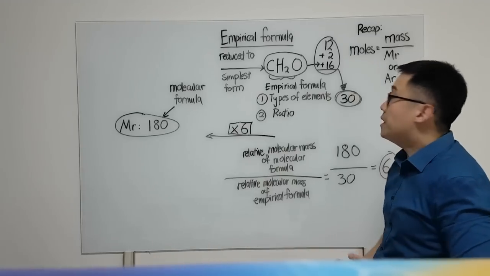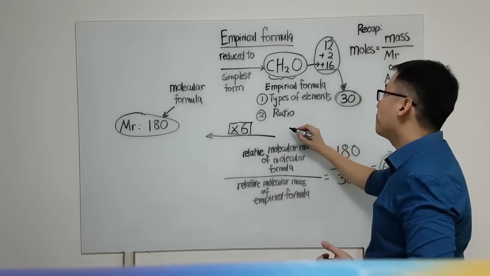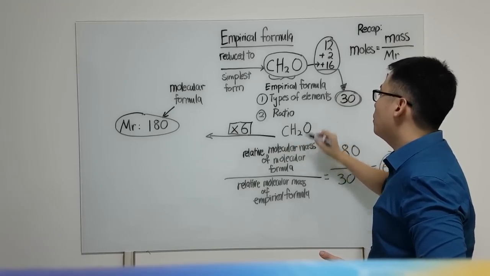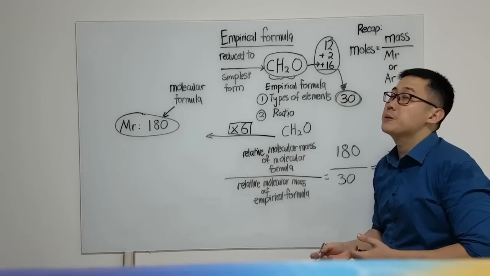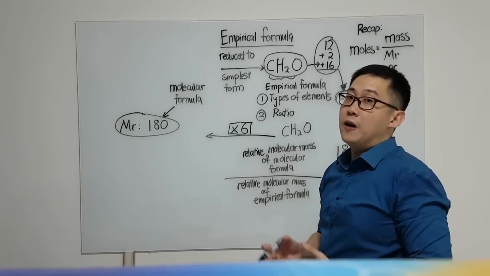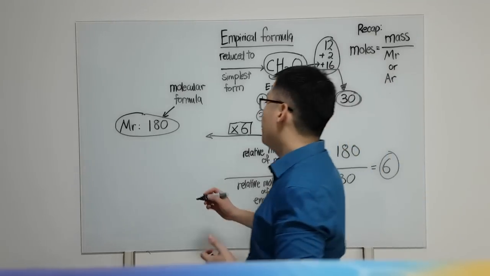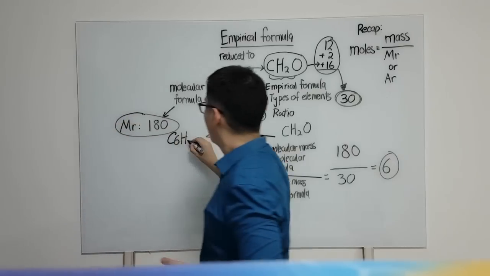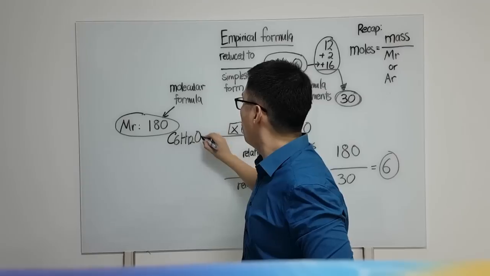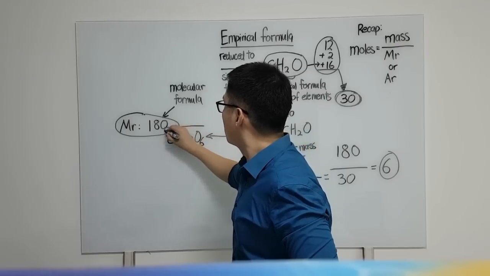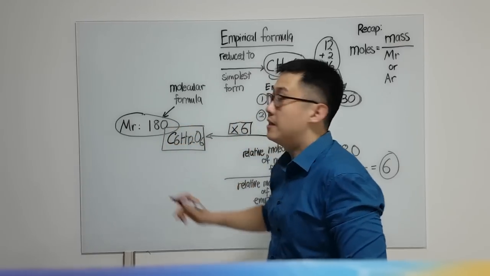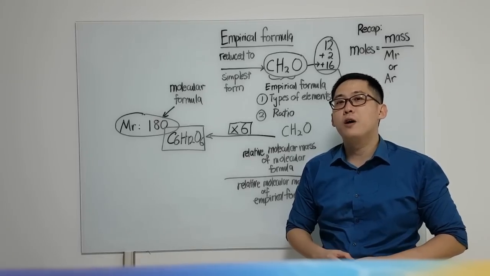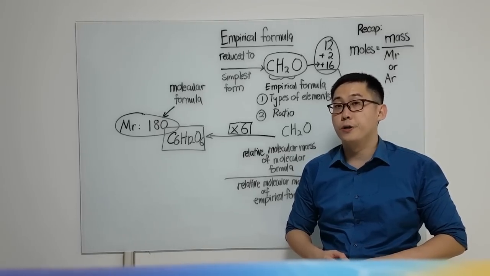So when I take my empirical formula CH2O and I multiply everything by 6, I will then be able to find the molecular formula, which is C6H12O6. And that, student, is how you can obtain your molecular formula from your empirical formula.